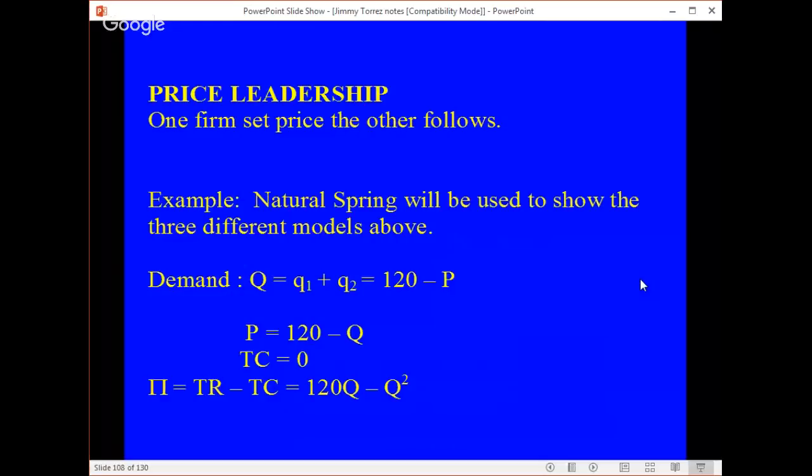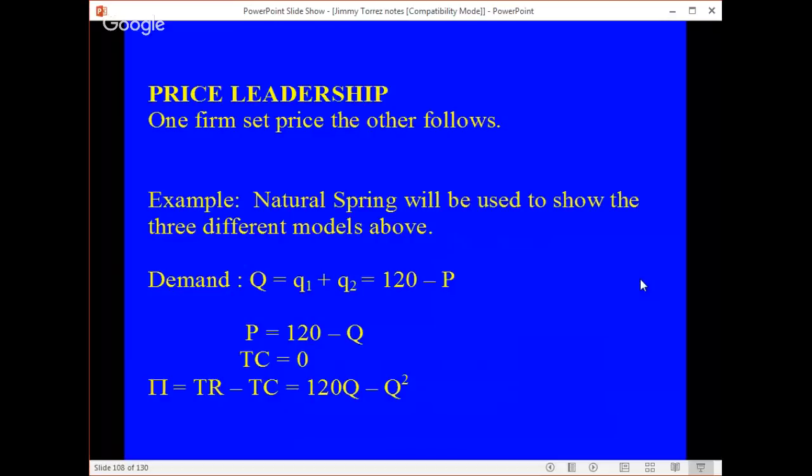Next, we're going to talk about two forms of price leadership. The first one is just general price leadership. This is where one firm sets a price and the other just acts as a price taker and follows. Right? I'm going to assume, like Cournot did, that we have a natural spring and the cost of taking the water out and selling it is 0.